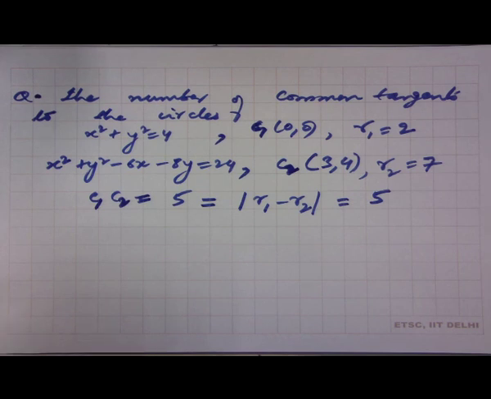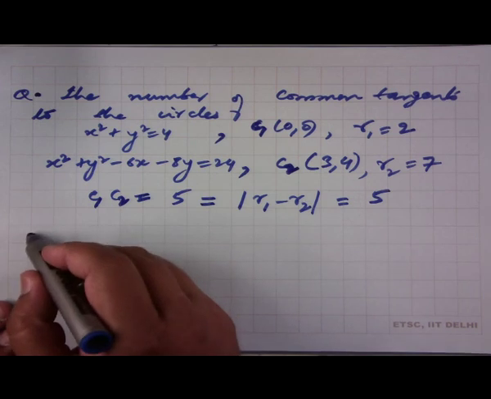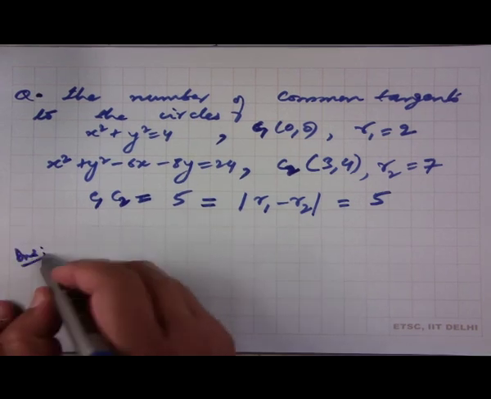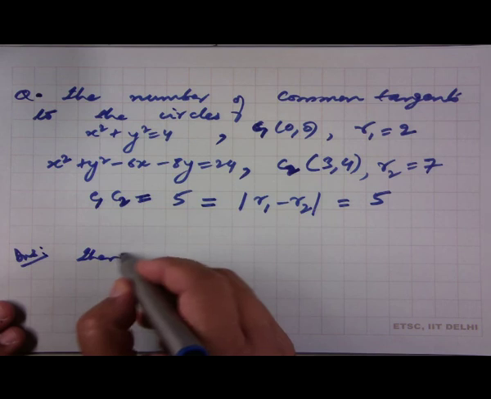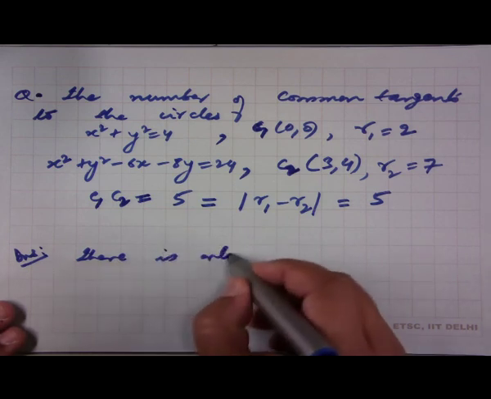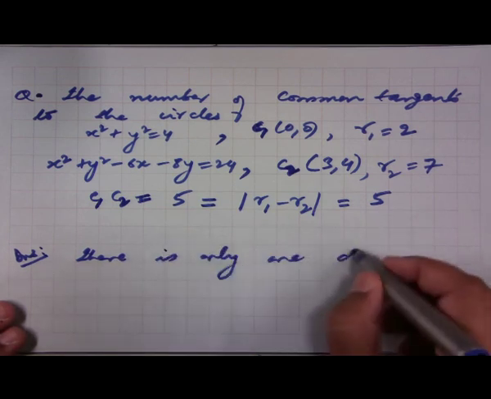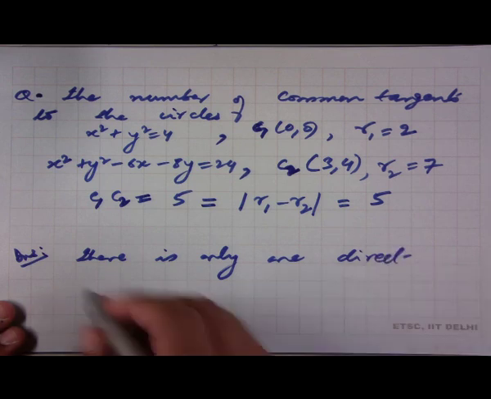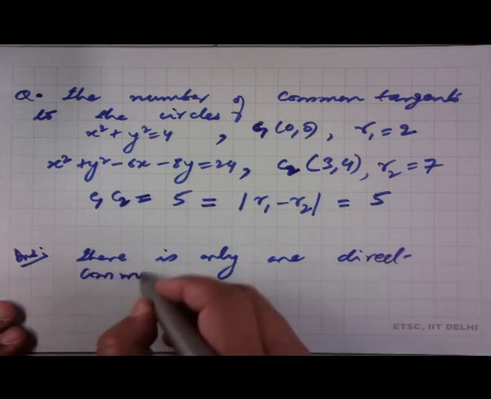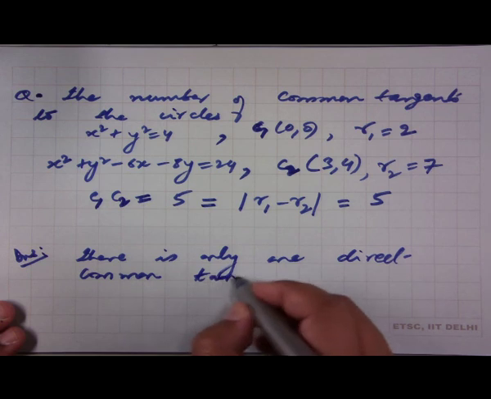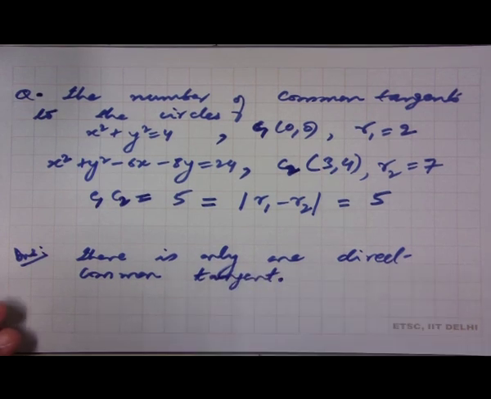There are no transverse common tangents. So, the answer is there is only one direct common tangent.